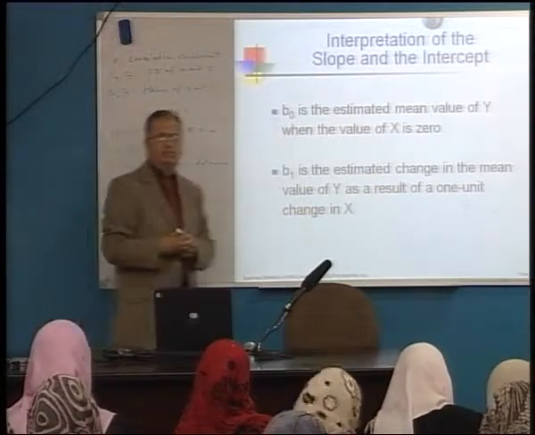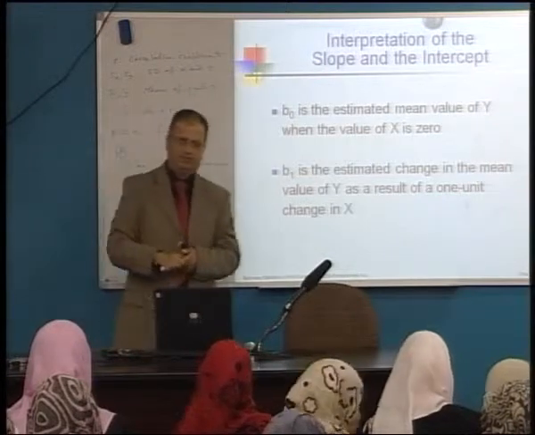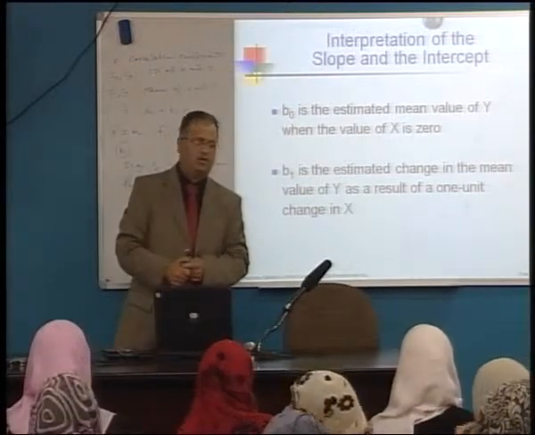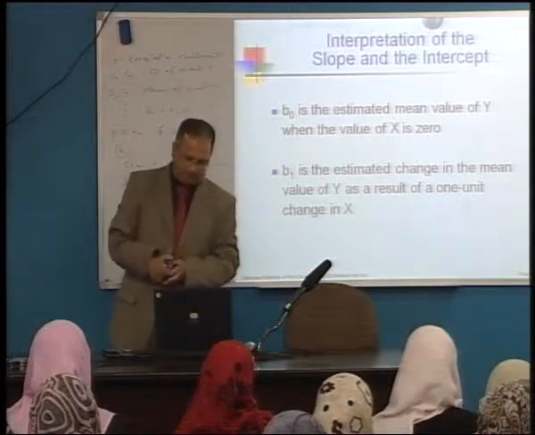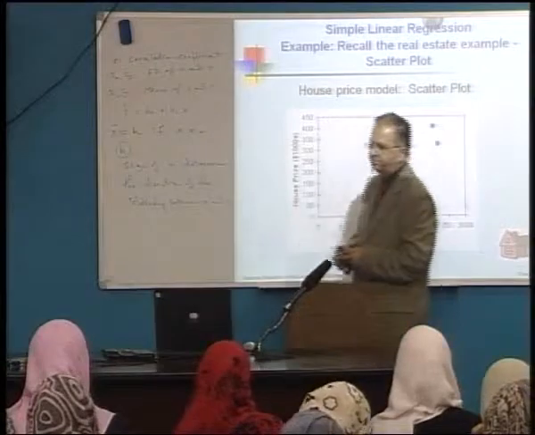So the sign of b1 tells us the exact direction. It could be positive if the sign of b1 is positive, or negative on the other side. So that's the meaning of b0 and b1.